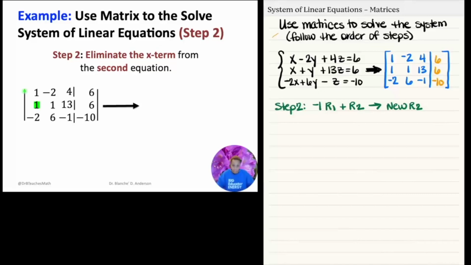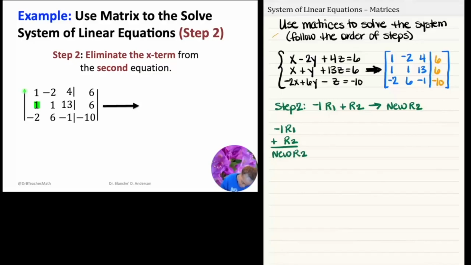I'm showing you step by step so that you can see the order of steps. So I'm taking -R1, -1 times row 1, adding it to my row 2 to get my new row 2.